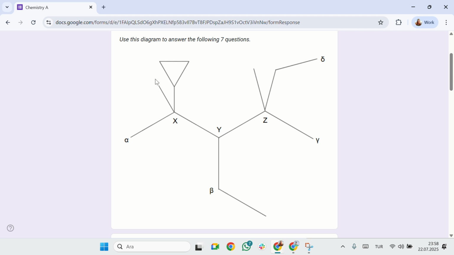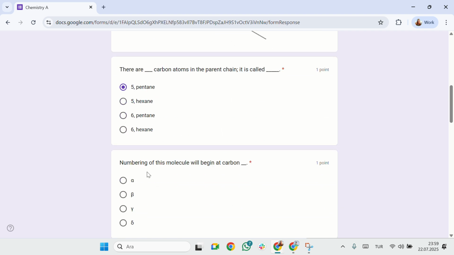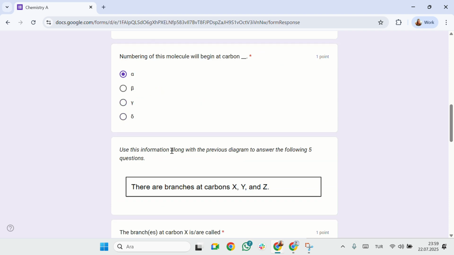We said that this was the main chain, like the parent chain. So let's start from alpha. Let's start from here.